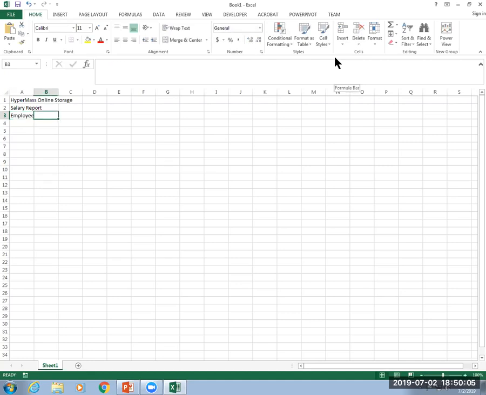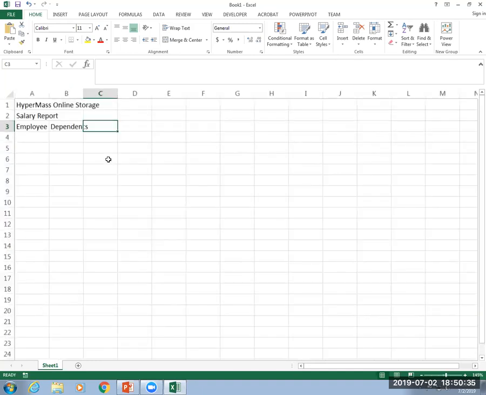And then in A3, we're going to put in employee. And then in B3, we're going to put in dependents. And then in C3, we're going to do something totally different. So I'm going to turn off my lights so it's easier to see. In C3, we are going to only put in the word hourly.